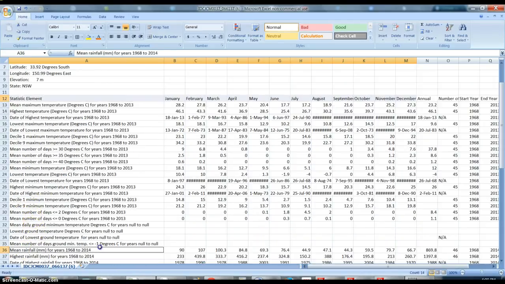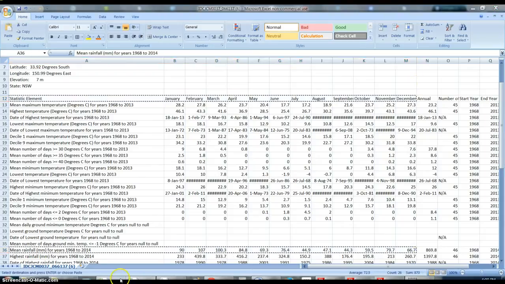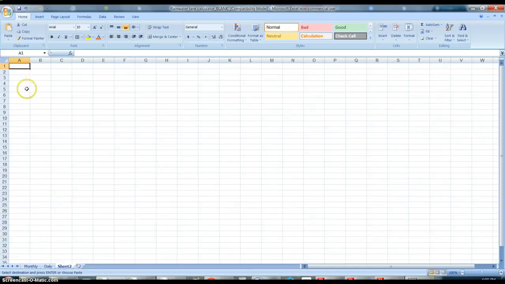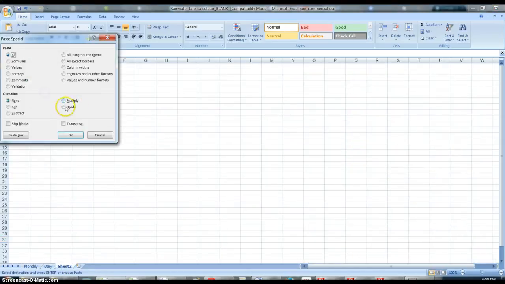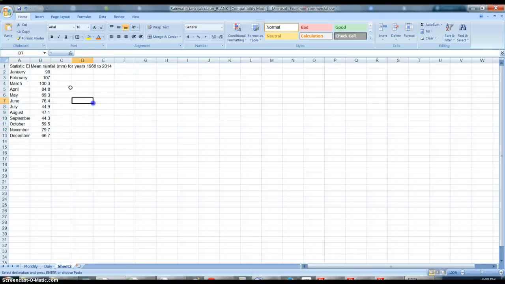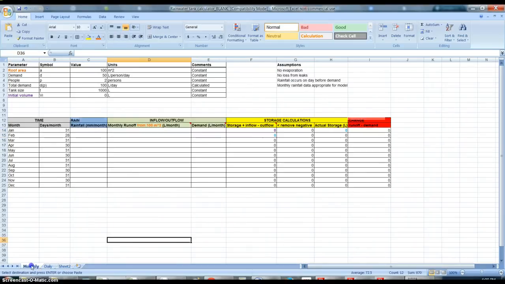Here it is. I'll grab that out, paste it into our spreadsheet. Just going to flip it round. There it is. And then we'll chuck it into our model.